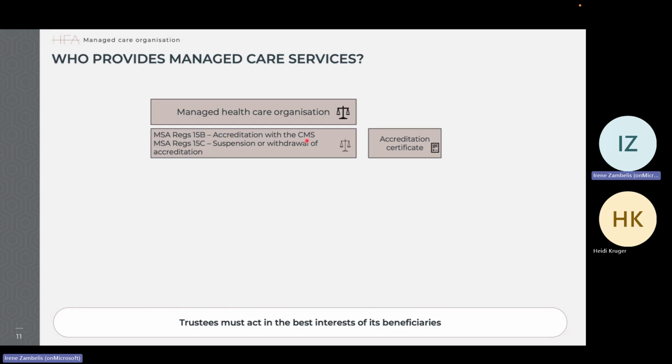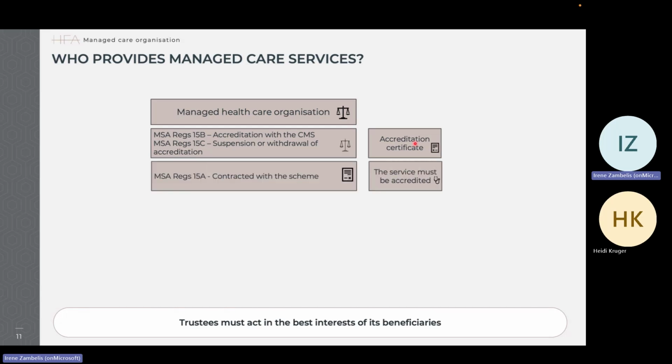So they're regulated by the Council for Medical Schemes. They need to have a valid accreditation certificate. The accreditation is given for a period of time. It can be suspended or withdrawn if they do not have the necessary infrastructure and skill to provide the service, which is important.